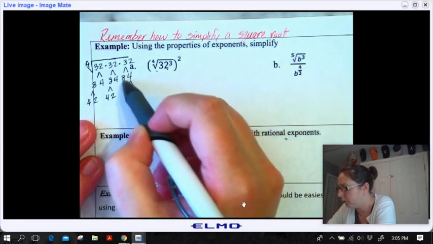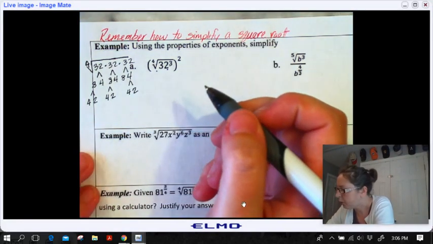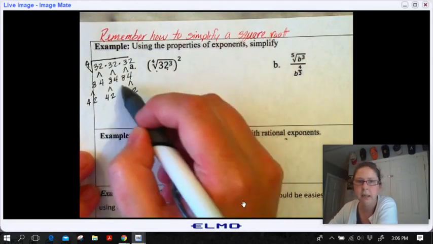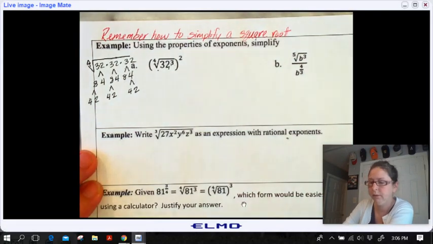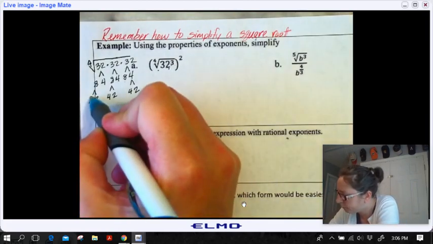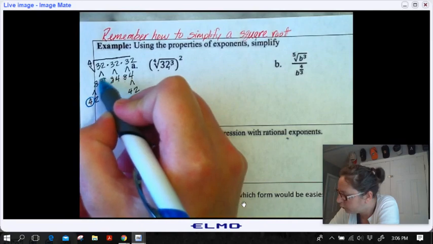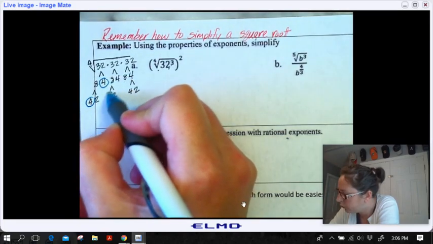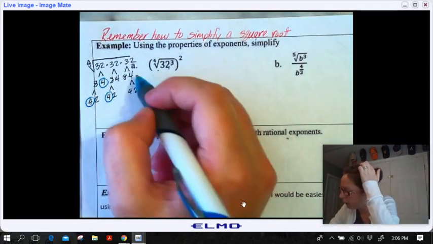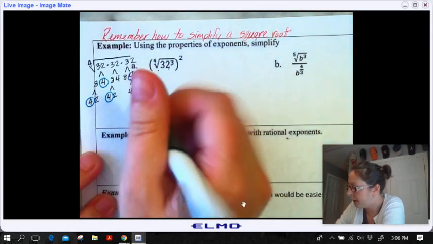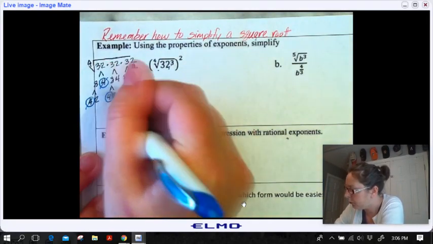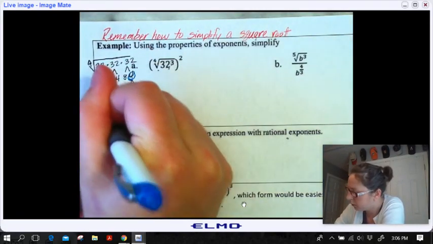Oh, I wrote that in the wrong spot. Whoops. But I really did break down the 8. Okay. And so what I'm noticing is I do need groups of 4. So let's see if I have any groups of 4 yet. I see 1, 2, 3, and 4. I see 4 4s. So I'm going to go ahead and take out a 4. Okay.